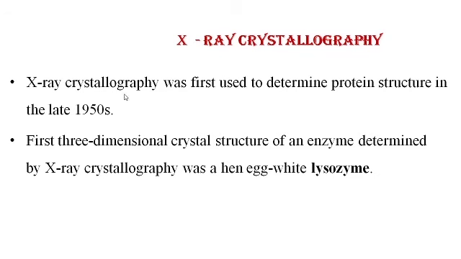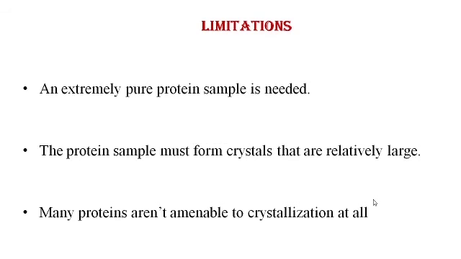But just imagine that it took 35 more years after its discovery for X-ray crystallography to be used in the field of biological sciences. Anyway, we are grateful to them. The first three-dimensional crystal structure of an enzyme determined by X-ray crystallography was the hen egg white enzyme, which is called lysozyme.